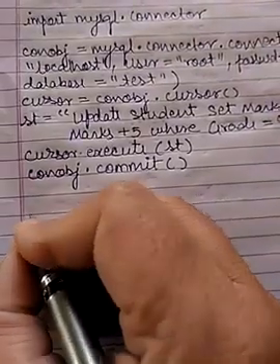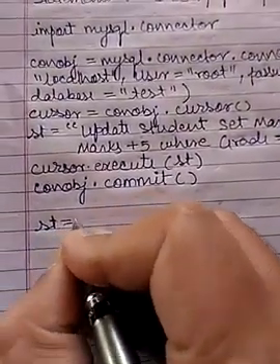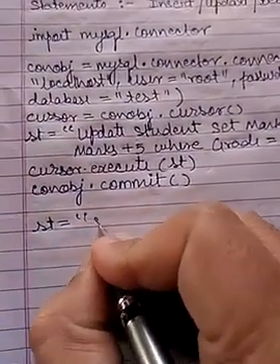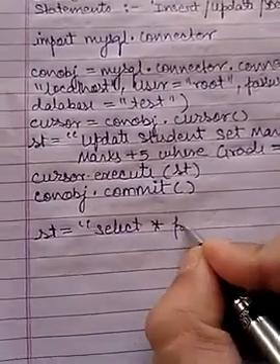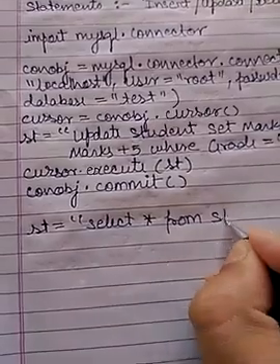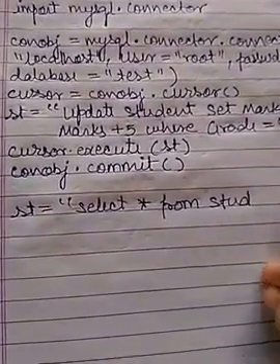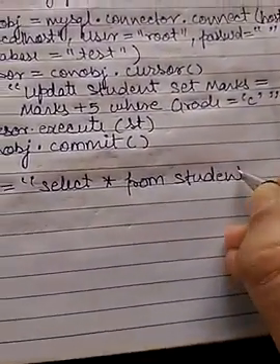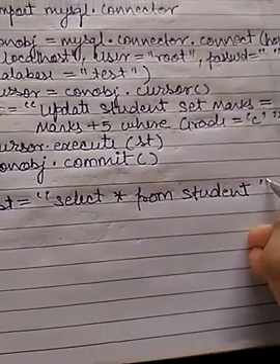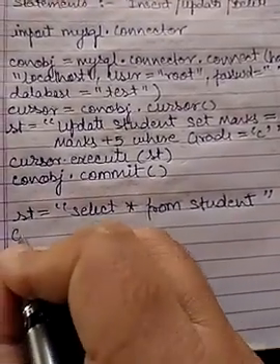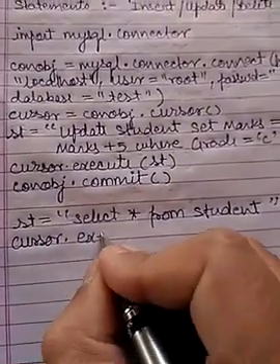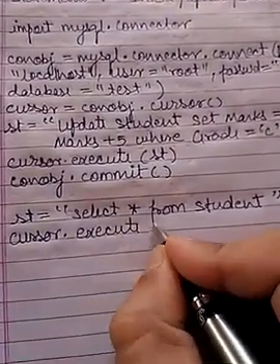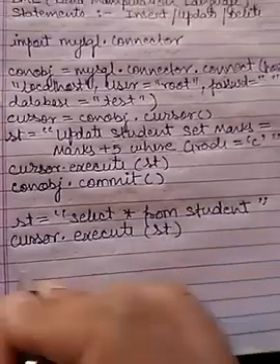Then again write the statement equal to select asterisk from student. Cursor dot execute statement.